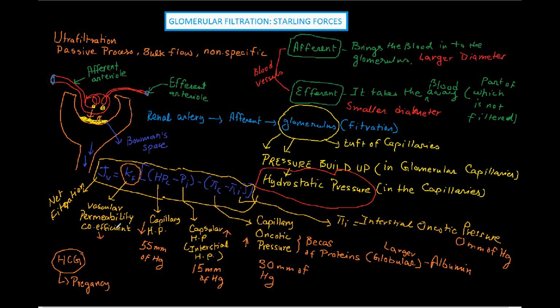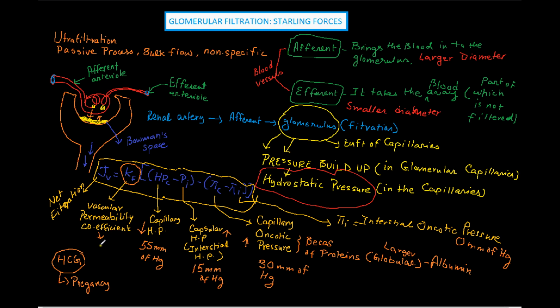Basically it talks about how permeable the capillaries are, in this case the glomerular capillaries, and the area or size of the filtration bed, because these glomerular capillaries are a lot more permeable than capillaries in muscle tissue.